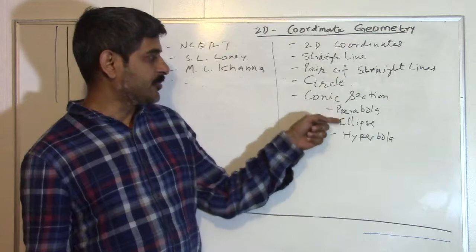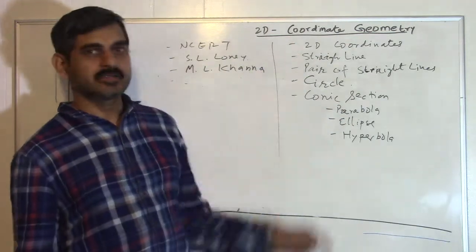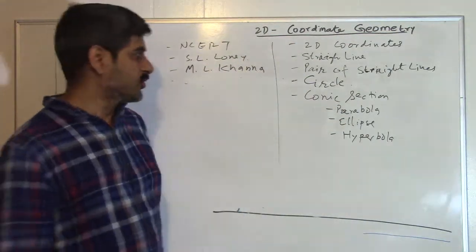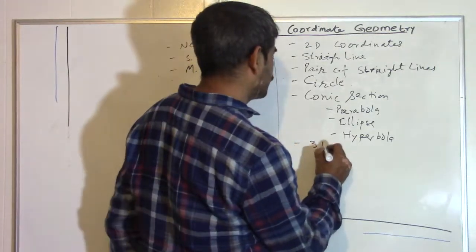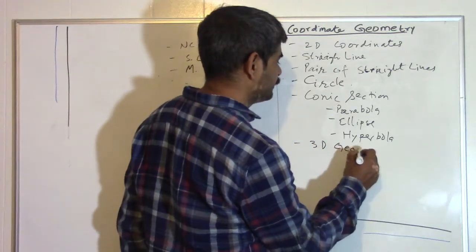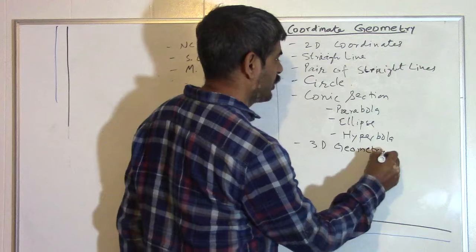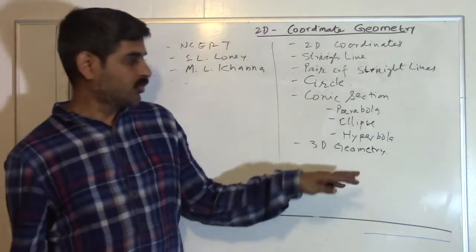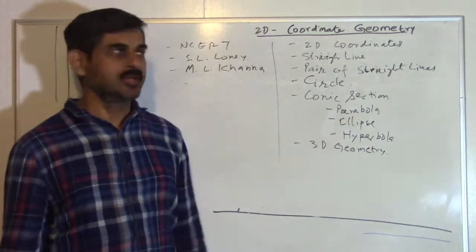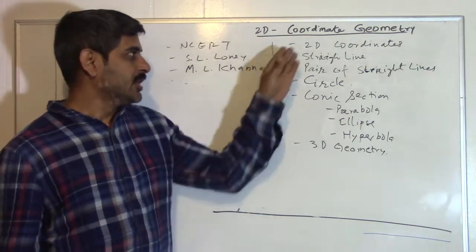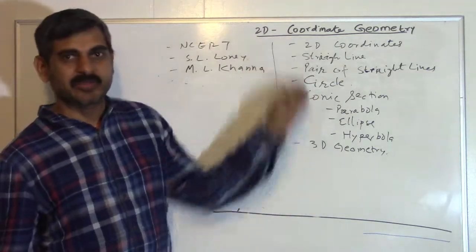A lot of questions will come from parabola or ellipse, and then some from circle, straight line, and so forth. In the last, I'm not sure, there is 3D geometry. If it's in the course, we will touch briefly on 3D geometry. But if you look at this, the number of chapters is very few.